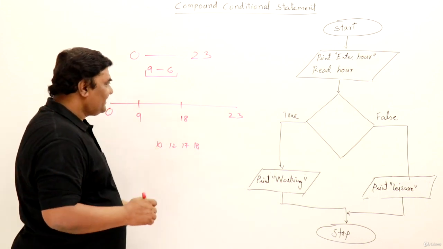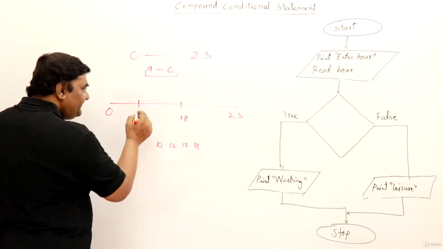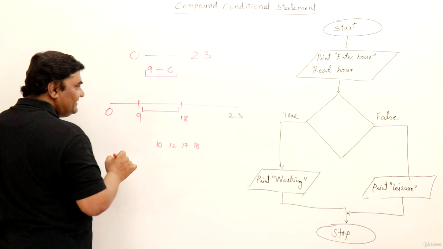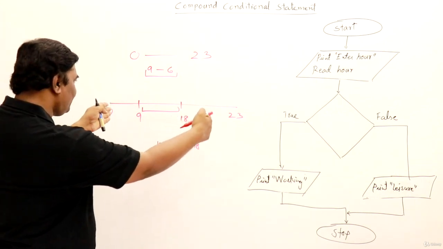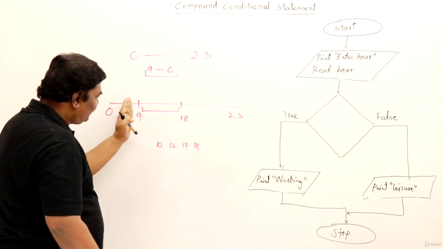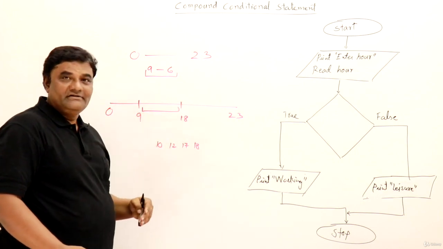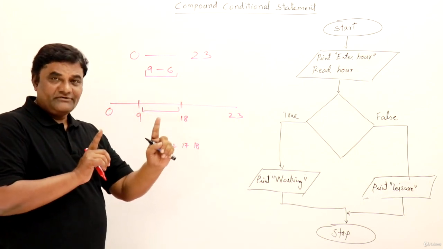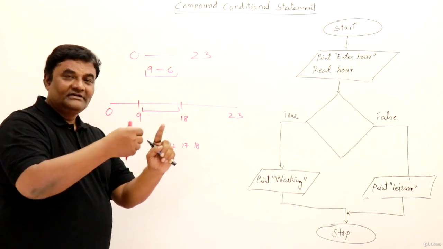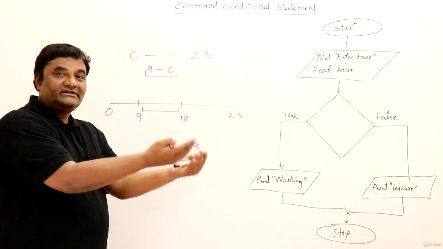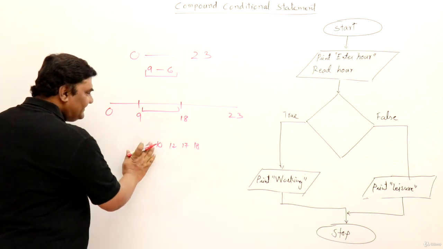Then how to frame a condition? That hour should be within this range. So when you have to check something within a range, you have to say it is greater than or equal to 9 and less than or equal to 18. So there are two figures you have to take, right? Greater than or equal to 9 means it should be on that side, and on this side of 18. So let us write a condition for that.